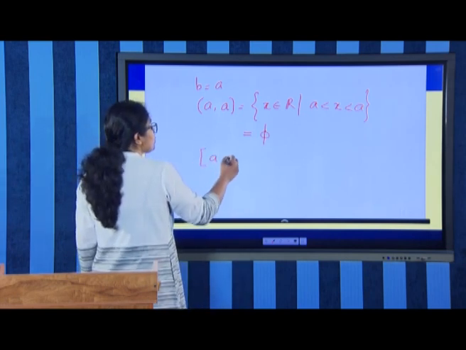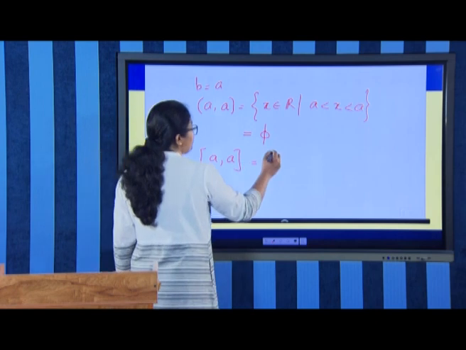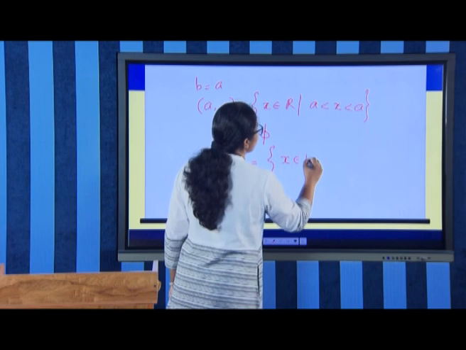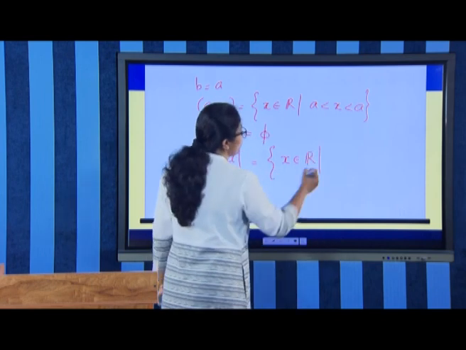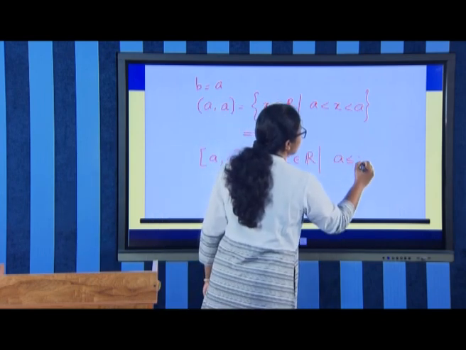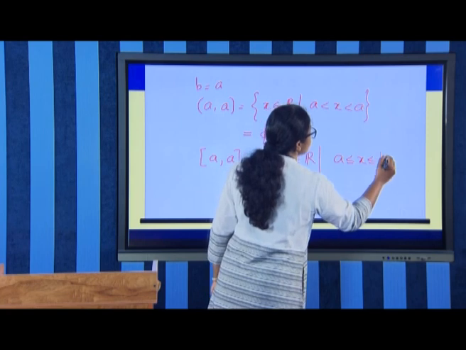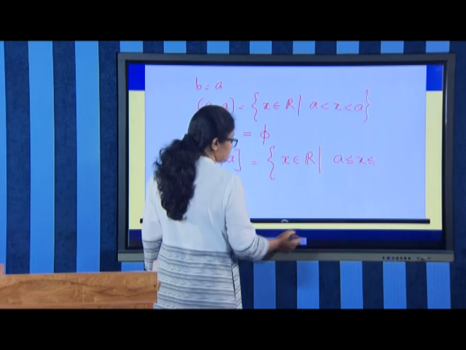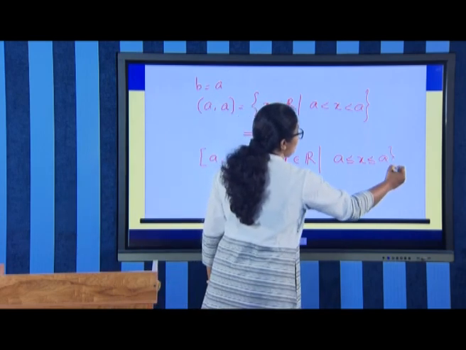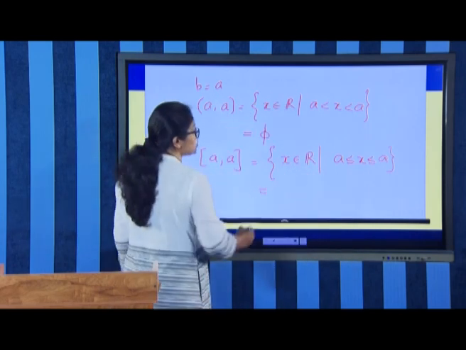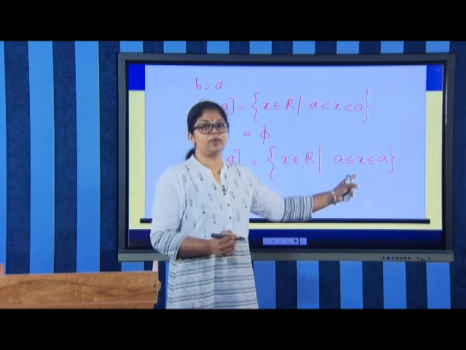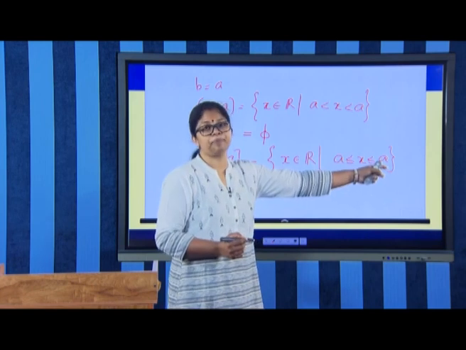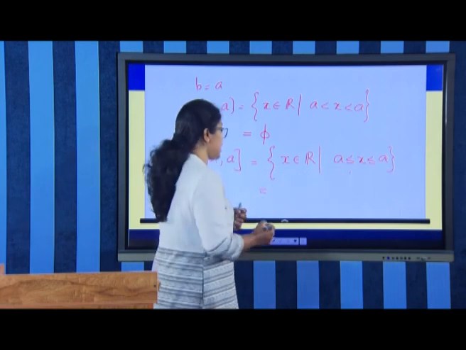Whereas, if you define the closed interval [a, a], by the definition it is equal to the set of all real numbers for which a is less than or equal to x less than or equal to, instead of b, a itself. So x can take a single value, and what is that single value? x can be equal to a, because on both sides we have a itself.